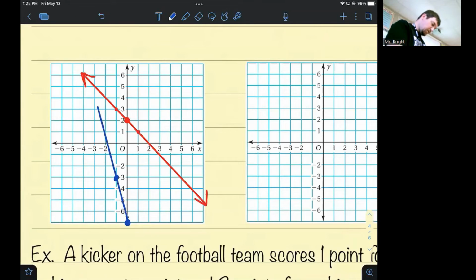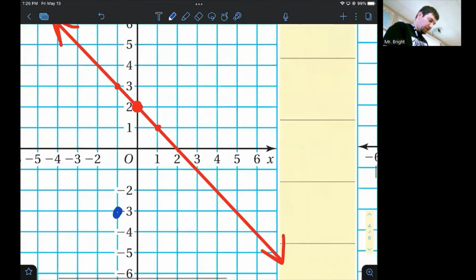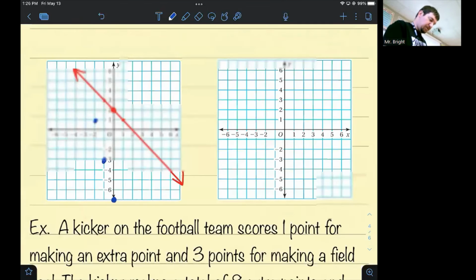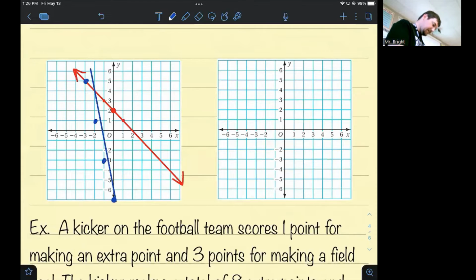And let's see if we can tell where they're going to cross. I don't think that's a very good line. You could always go back through and go up 4 again and over 1. Up 1, 2, 3, 4 over 1. Okay, so you could keep using that slope to guide your line because even though Notability will make a straight line, I might not make it go in the right direction.